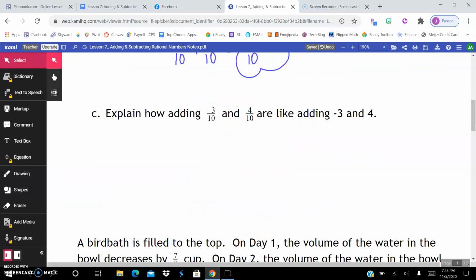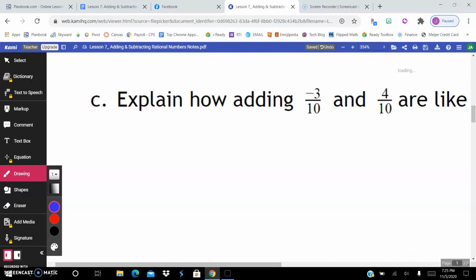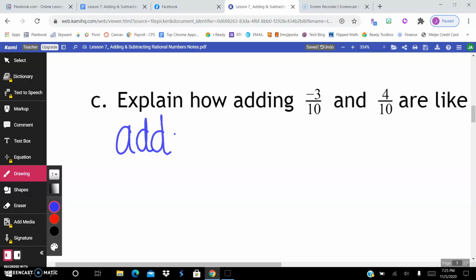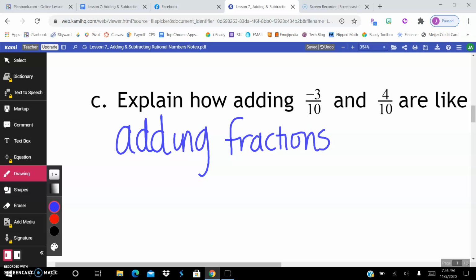Explain how adding -3/10 and 4/10 are like adding -3 and 4. Well, when you're adding fractions, you just carry over the denominator and add the top.